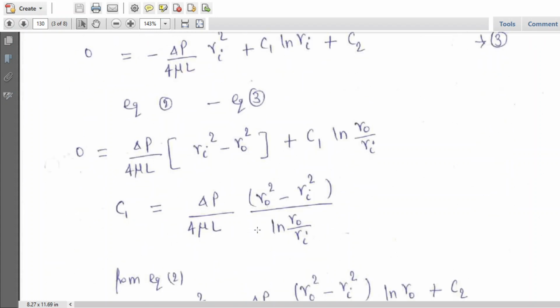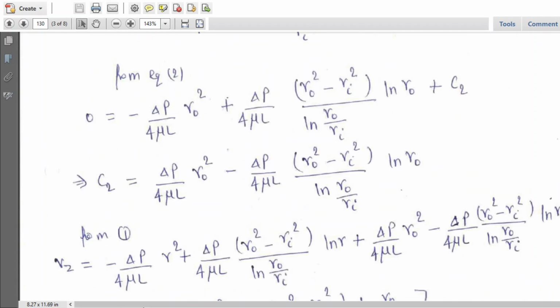By solving them, we get constant C1 equal to delta P upon 4 mu L times R0 square minus Ri square upon ln R0 upon Ri. Now substituting this into equation number 2, we get constant C2 equal to delta P upon 4 mu L R0 square minus delta P upon 4 mu L times R0 square minus Ri square upon ln R0 upon Ri times ln R0.